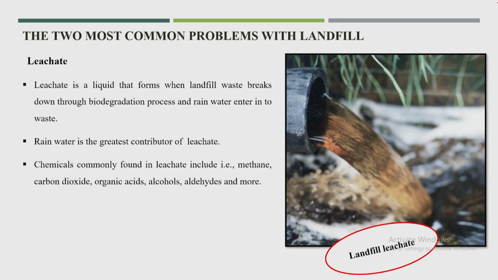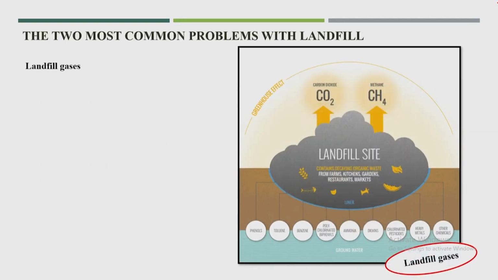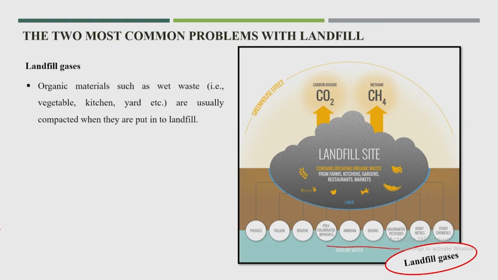Chemicals commonly found in the leachate include methane, carbon dioxide, organic acids, alcohols, aldehydes, apart from BOD5, organic matter, and metals. Next are the landfill gases. Because of degradation of biodegradable matter, different pollutants and gases are produced, the major ones being methane and carbon dioxide.